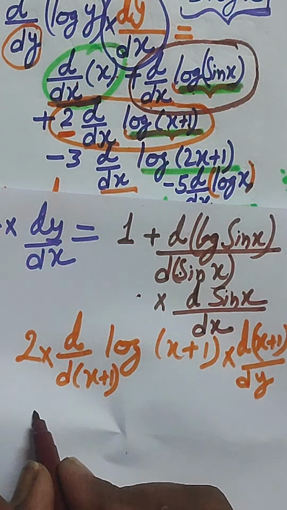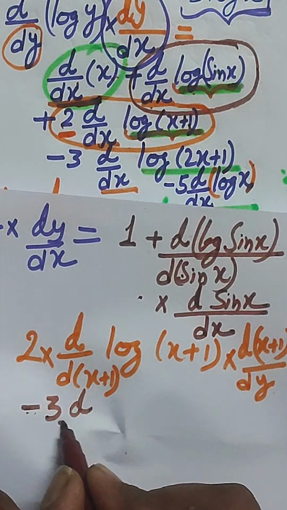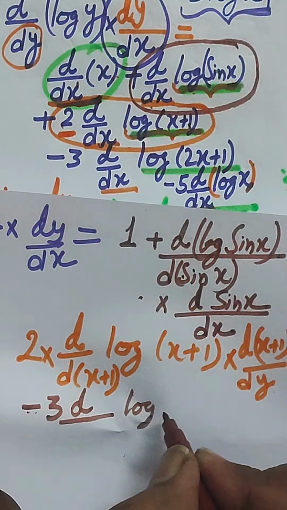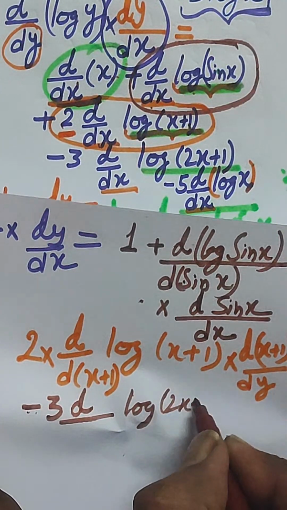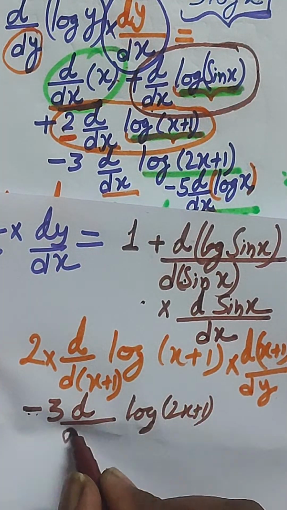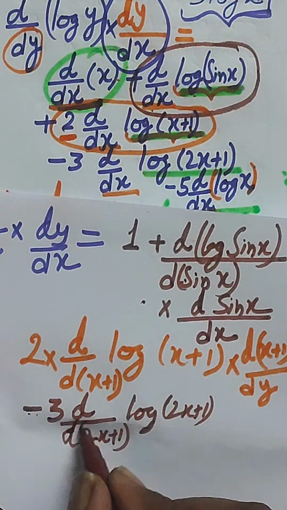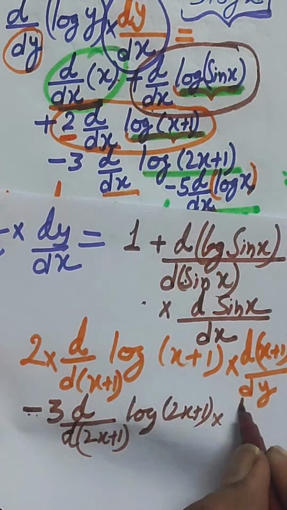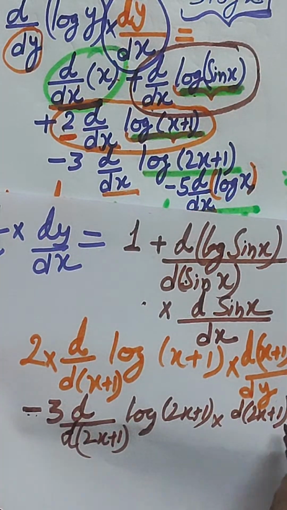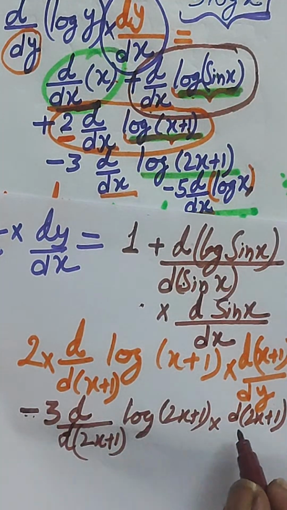So this can be written as minus 3 times d by d of log of 2x plus 1, which needs to be differentiated with respect to d of 2x plus 1 only, and that's why this d of 2x plus 1 is inserted into the numerator also, so that this and this will be cancelled out, right?